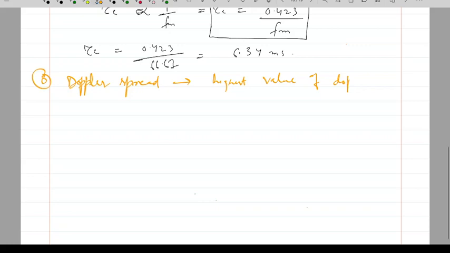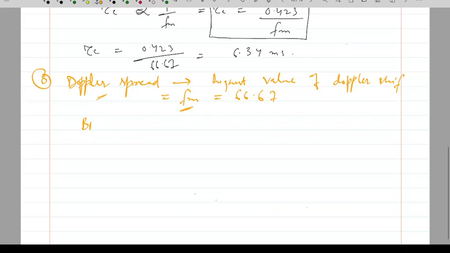So here Doppler spread is equal to fm. fm is the Doppler shift, that is 66.67. Let's prove that this Doppler shift is equal to this Doppler spread. fm is the Doppler shift and Doppler spread is simply the Doppler spread. So we will represent the Doppler spread as BD. If we represent this, then it is equal to fm.